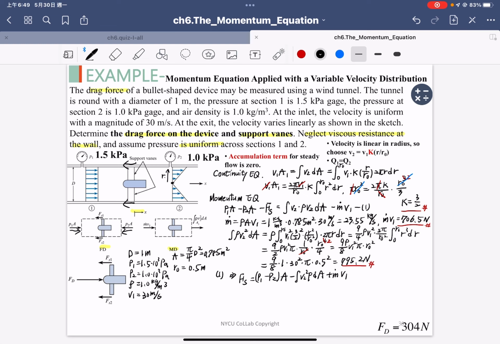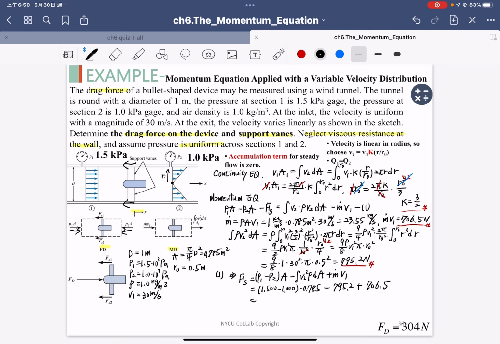Okay, and for P1 and P2 in here, we put the numbers inside: 1500 minus 1000, and the area in here is 0.785, and then minus the outflow momentum, which is 795.2, and plus 706.5.